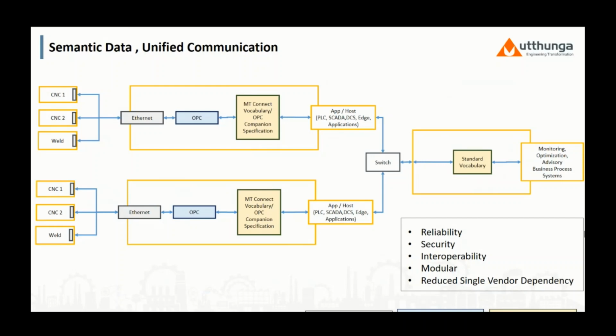Because of the lesser number of elements, we get reliability. Because of the unified architecture, you don't have to deal with different security elements for different protocols, so the security management becomes easy. And if the majority of the players are on the same interface, the interoperability becomes standard.